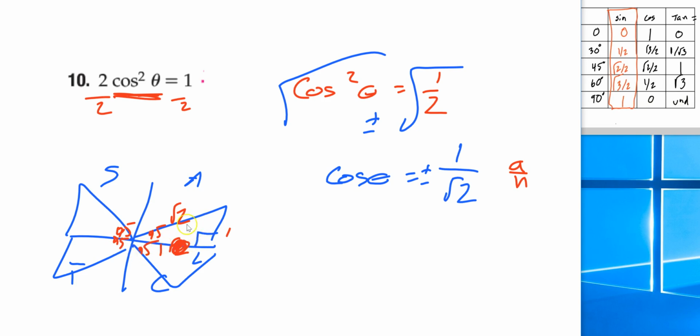You can figure out each angle: that's 45, this is 180 minus 45, 135, then 180 plus 45, 225, and 360 minus 45, which is 315. You can also do radians. It's pi over 4, so 1, 3, 5, and 7 times pi over 4.